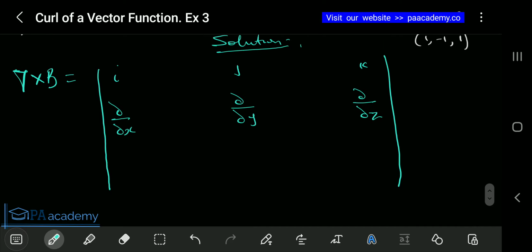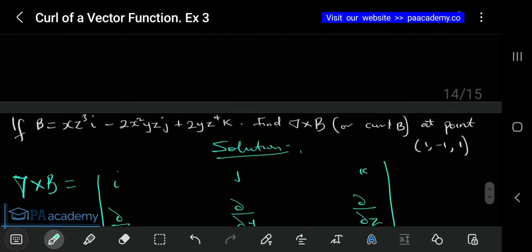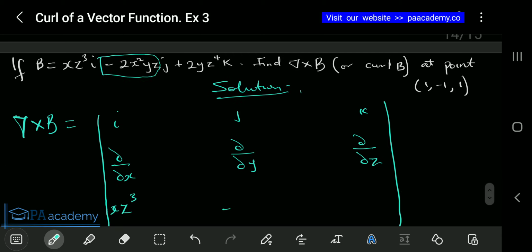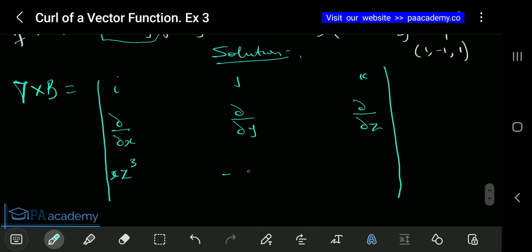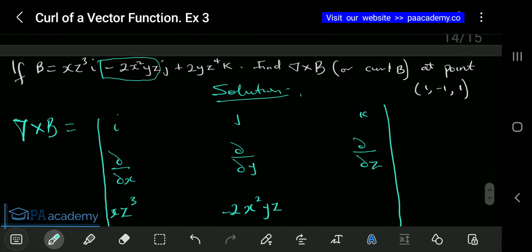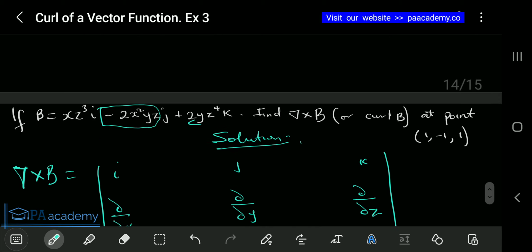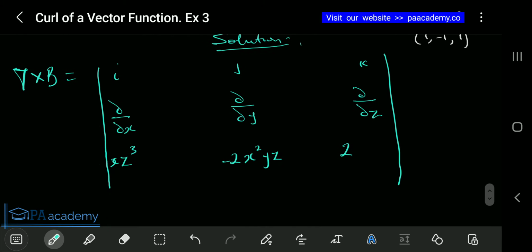So for this, we have xz cubed, and then here we have minus. Another thing you need to pay attention to is to make sure you write the minus sign when you are writing the second one. So that will be minus 2x squared yz, and then the last one is 2yz raised to power 4.